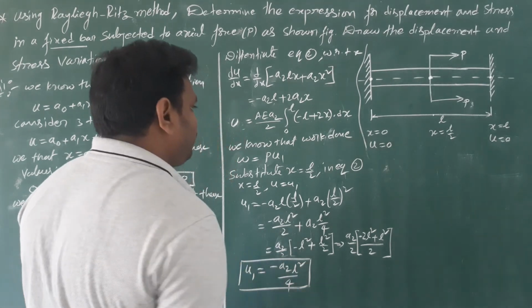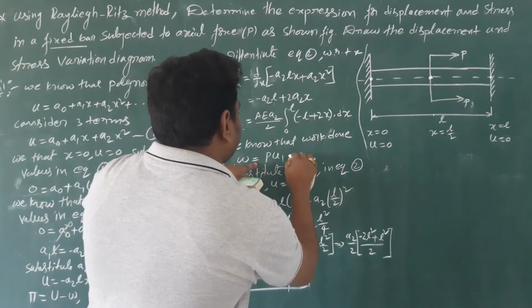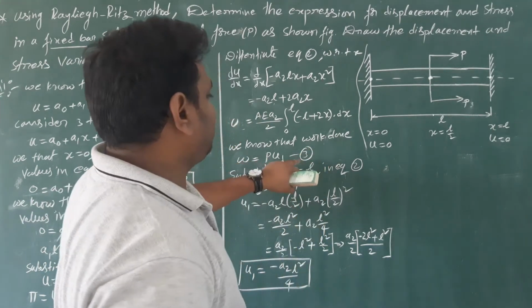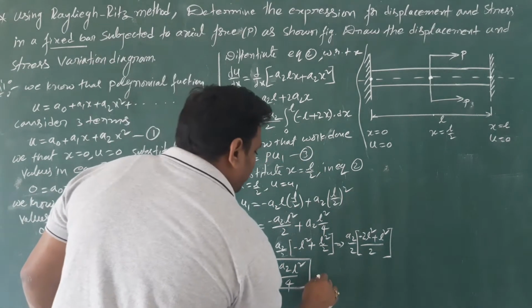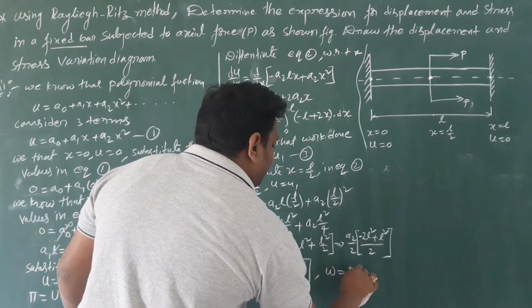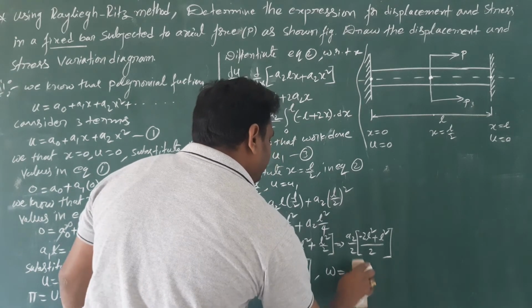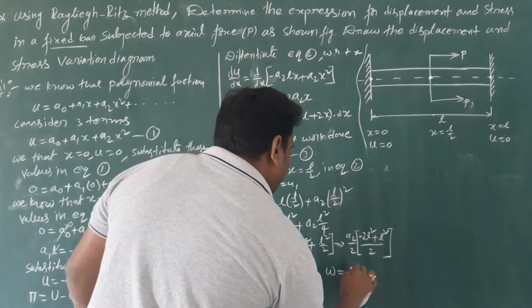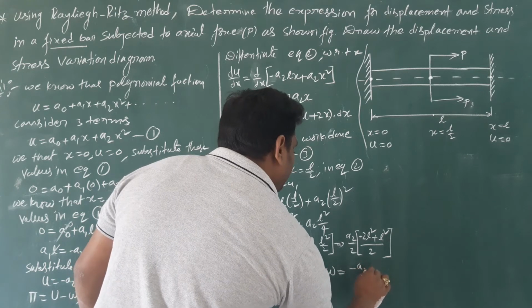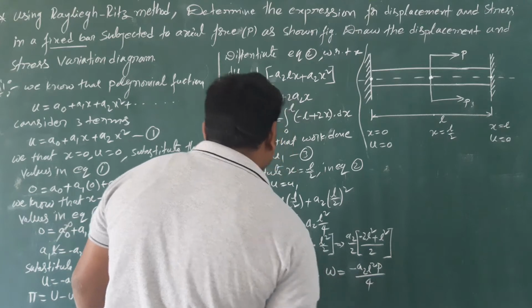Substitute this U1 in equation number 3, the third equation. Finally we got W is equal to P into U1, substitute here, U1 value is minus a2 L square by 4, so W is minus a2 L square P by 4.